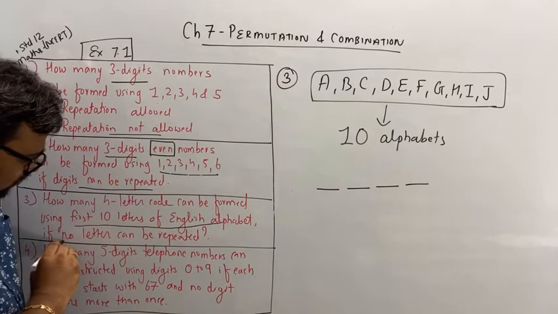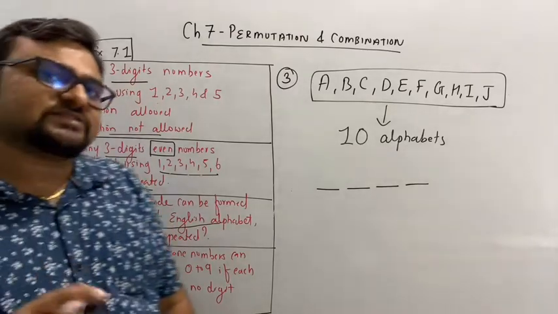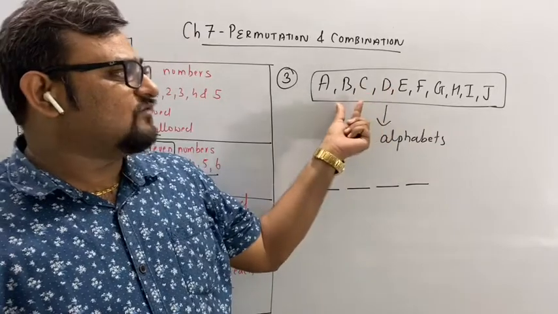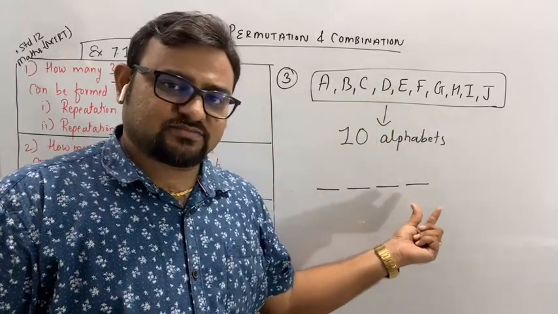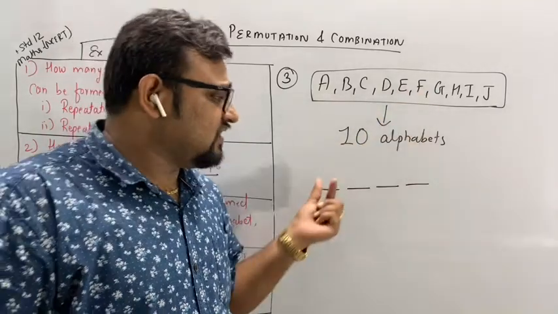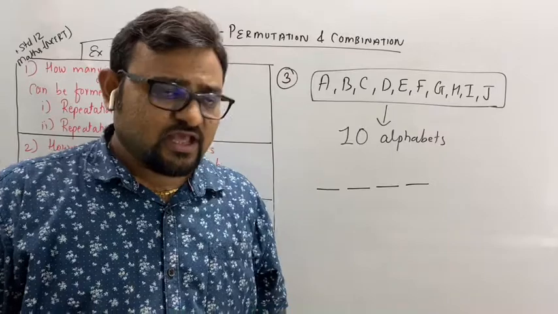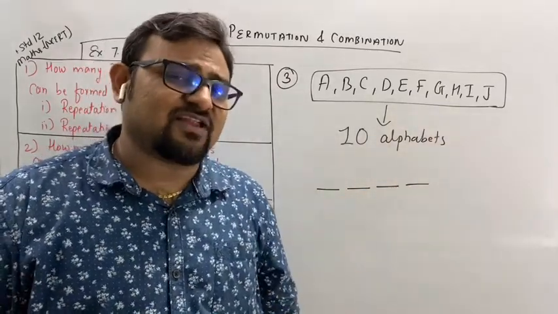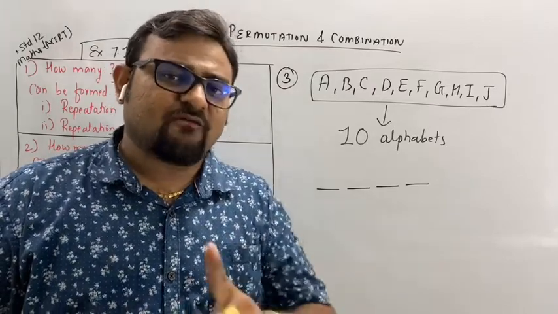Now see here. If no letter can be repeated, it means in that code none of the alphabets will be repeated twice. If you are using F, you can use it only once. If you are using A, you can use it only once. If you are not using an alphabet, that's also okay. But if you are using any alphabet, you can use it a maximum of once.